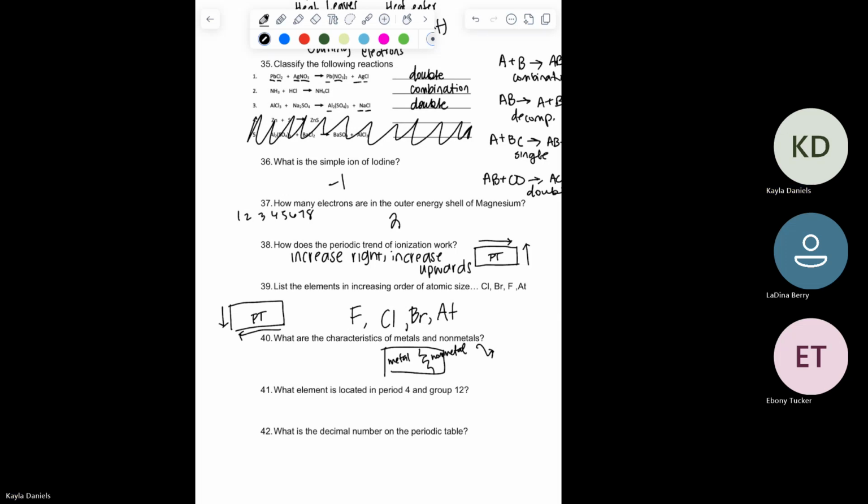They're typically gases at room temp. They are poor conductors of heat and electricity. Metals are malleable. They are typically solids at room temp. And they are good conductors of heat and electricity.